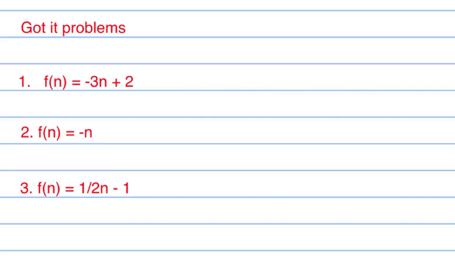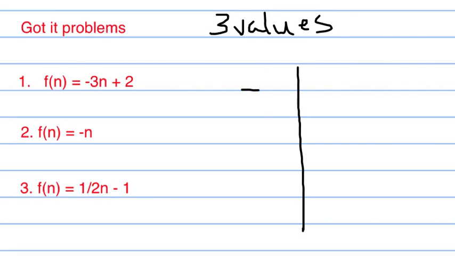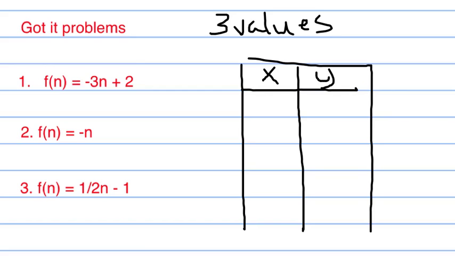Okay, here are your 3 got it problems, and what I would like for you to do is take these functions and use at least 3 values. You can choose them. Make a little table that looks like this. And what you're going to do is you're going to choose a value for x.